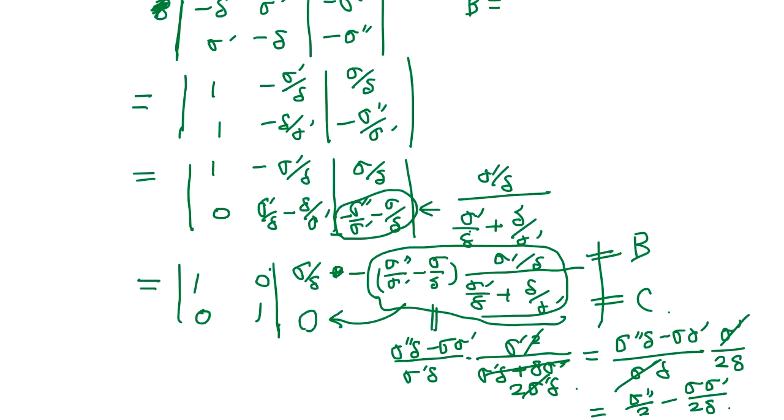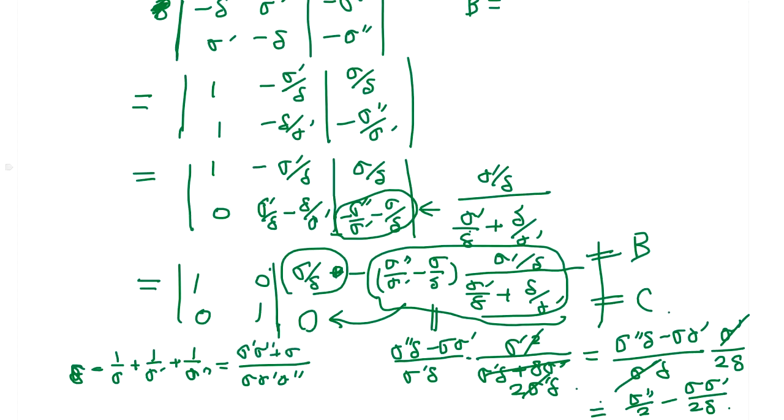Okay. And we have this guy, right? Okay, so the sigma delta is, so it's going to be sigma prime sigma double prime, the sigma prime sigma plus, sorry, delta is what?